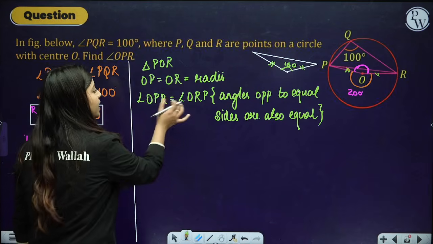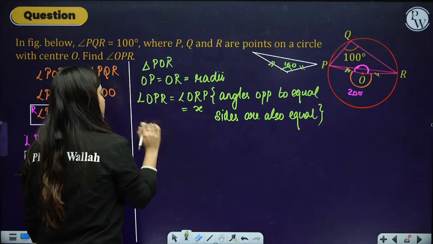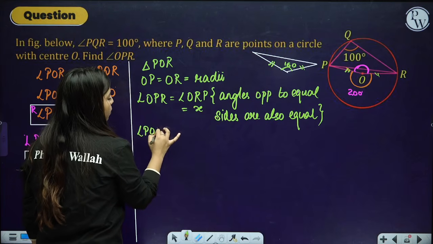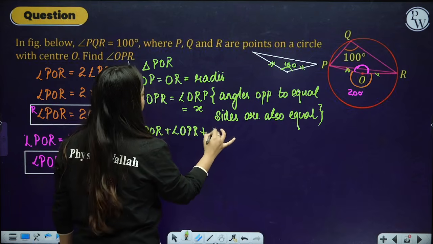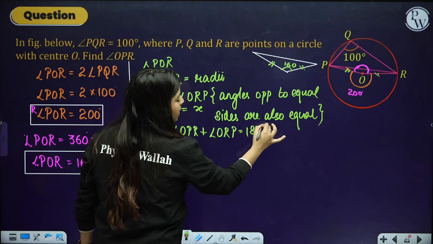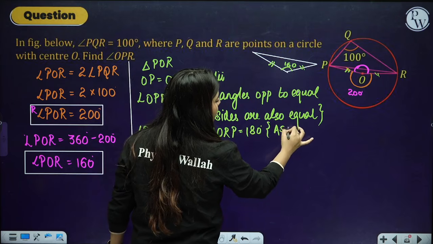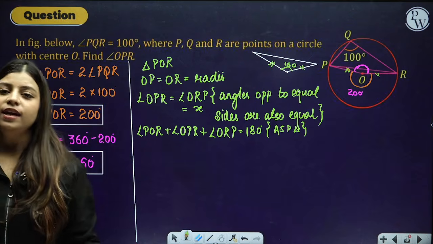So, if angle OPR equals angle ORP, let's say both are equal to X, we can say angle POR plus angle OPR plus angle ORP will be equal to 180 degrees, because of the angle sum property of a triangle.